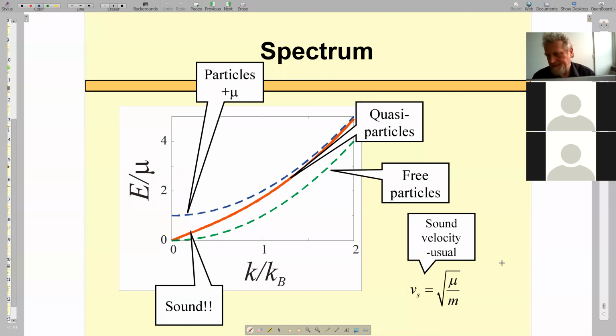Free particles, I put with a green line. So we see a discrepancy at small k, which gradually becomes constant at large k.